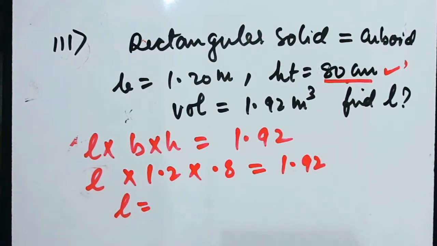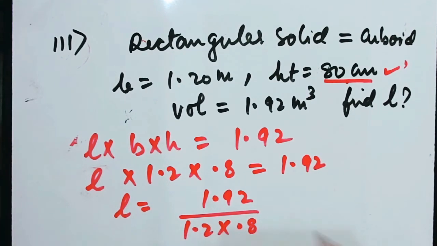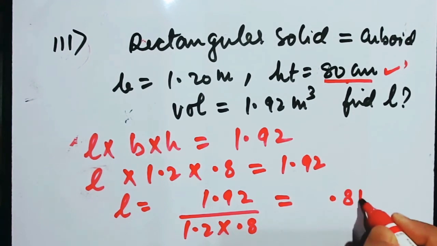L will be equal to 1.92 divided by 1.2 into 0.8. Now after solving you will get a particular value as 0.8 meter.